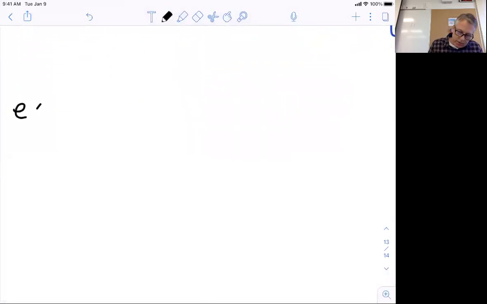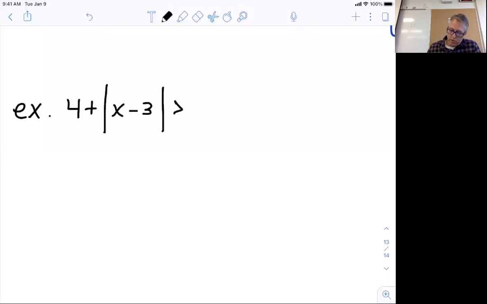Would you guys write these down, please, underneath your notes? So let's say we have 4 plus the absolute value of x minus 3 is greater than 10.